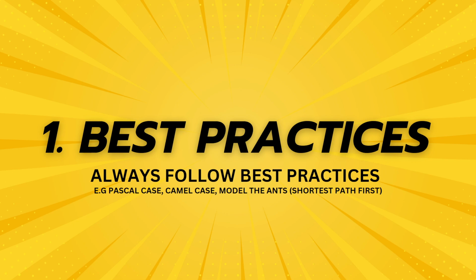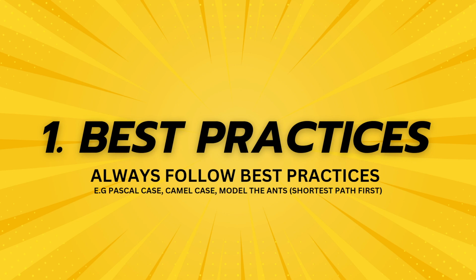Maybe one of these days I'll create another tutorial talking about best practices for different development environments and frameworks. So you want to make sure you're always following the best practices for whatever you are developing.